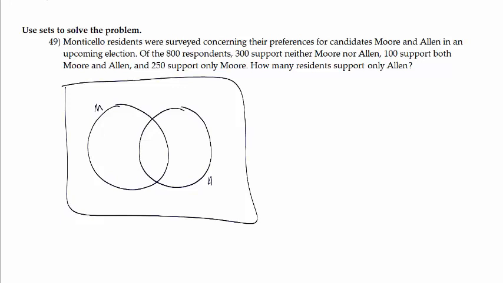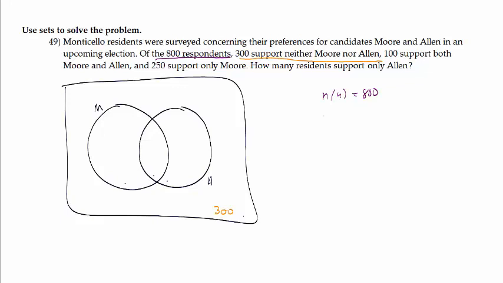I'm given that there were 800 respondents total to the survey. So the number of elements in the universe is going to have to equal 800. So all 4 regions combined have to total 800. I know that 300 support neither Moore nor Allen. So not Moore or Allen, so the 300 go out here.